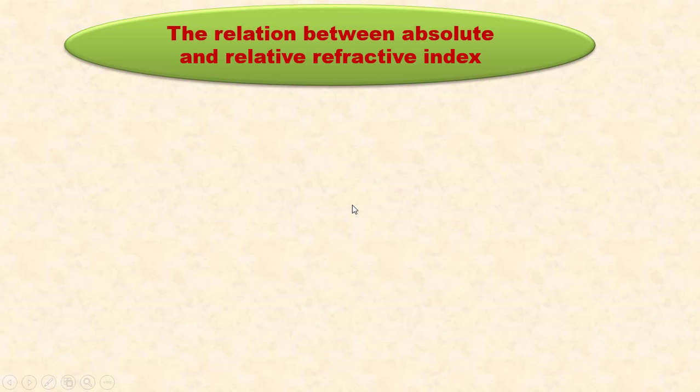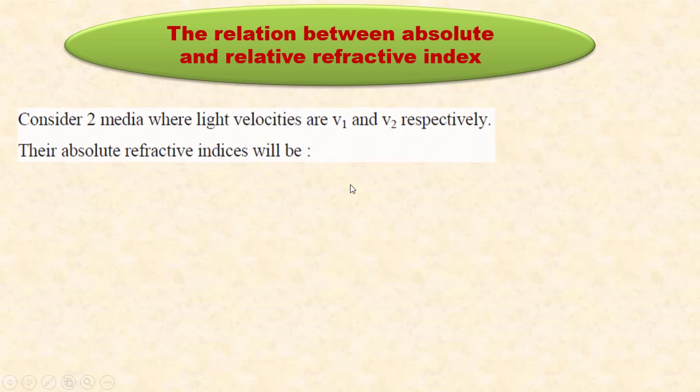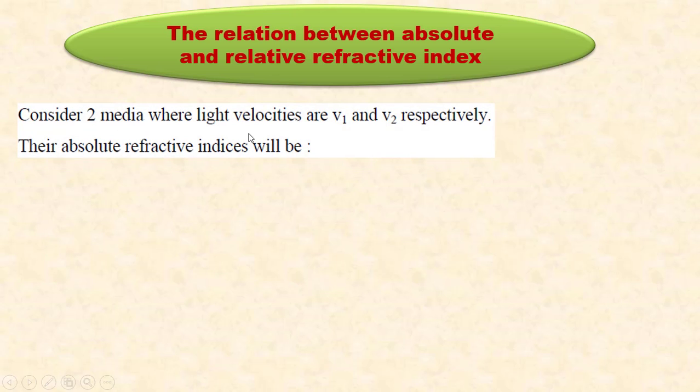What is the relation between the absolute refractive index and the relative refractive index? Consider two media where the light velocities are v1 and v2 respectively. Their absolute indices will be n1 equals c over v1, and n2 equals c over v2. Note that c and v are inversely related, so v1 over v2 will be n2 over n1.